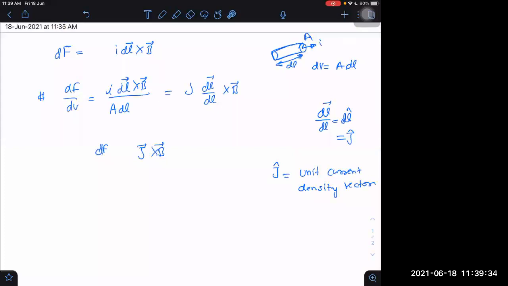Pressure doesn't make much sense for this case. Why? Because it is in volumetric form. When we say pressure, we should be clear on which area the pressure is acting. So it is not making that much sense here. So let us not find pressure here. Force density is enough.